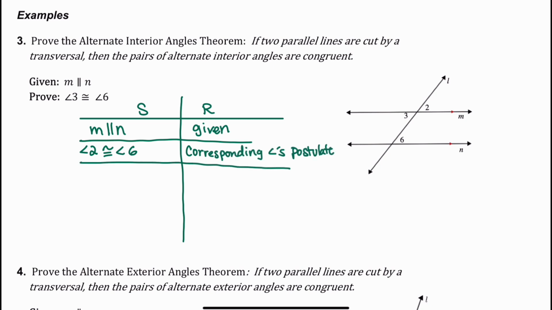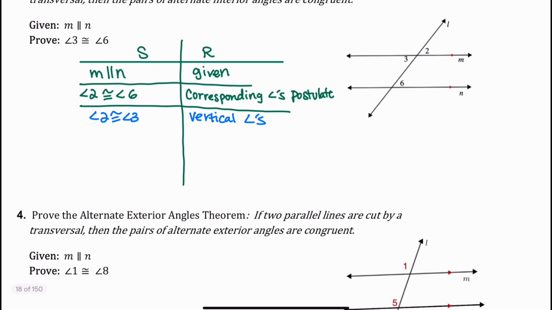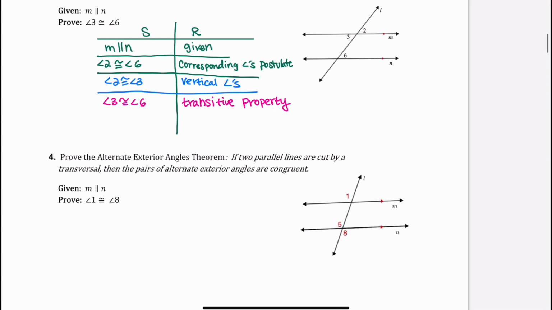Now we also know that angle 2 is congruent to angle 3 because they are vertical angles. And so by the transitive property, angle 3 is congruent to angle 2, and angle 2 is congruent to angle 6. We can make a little train, and so we can say that angle 3 is congruent to angle 6 by the transitive property.